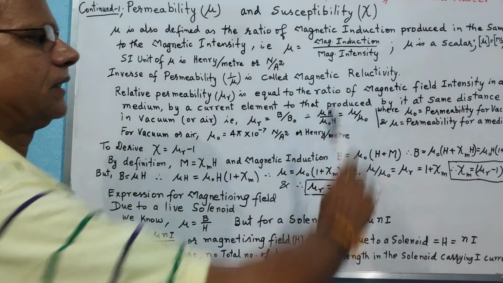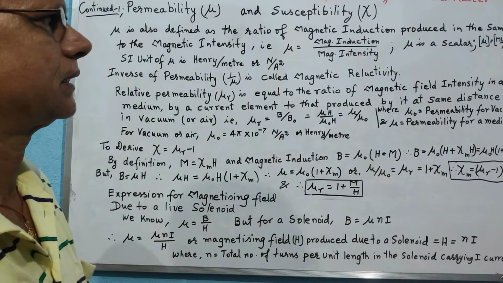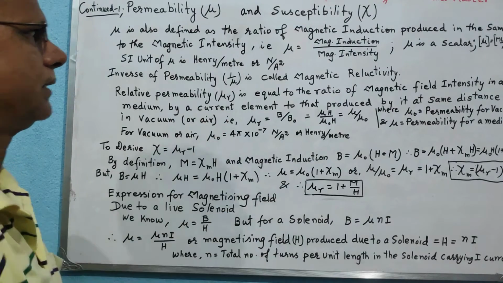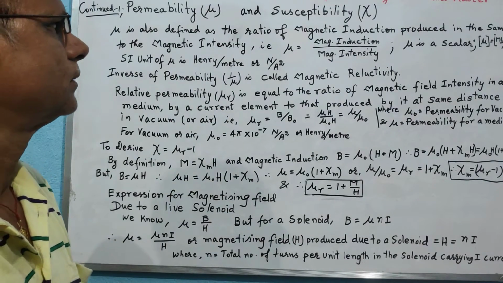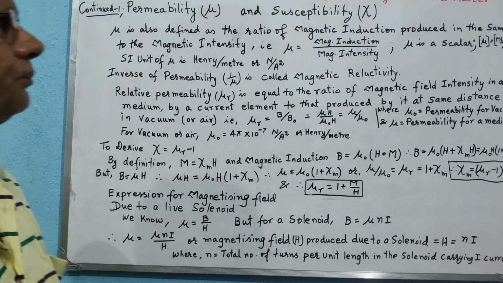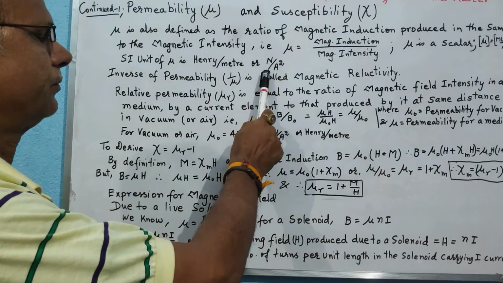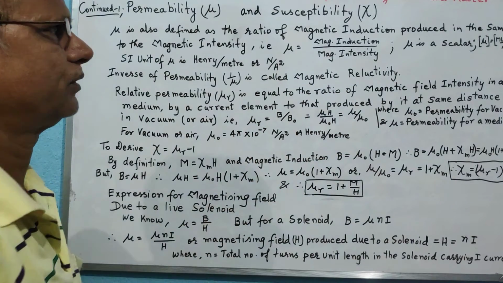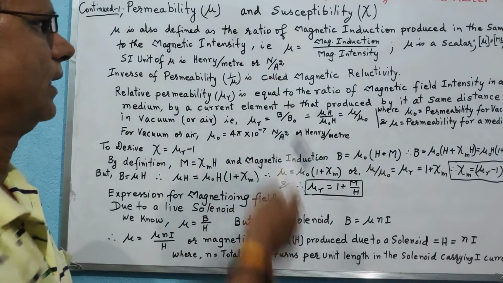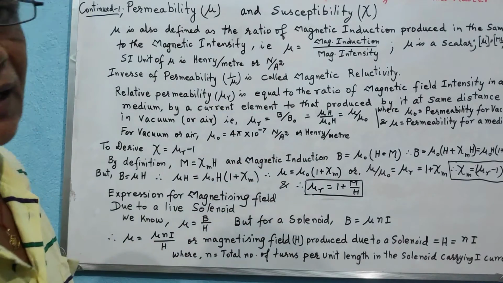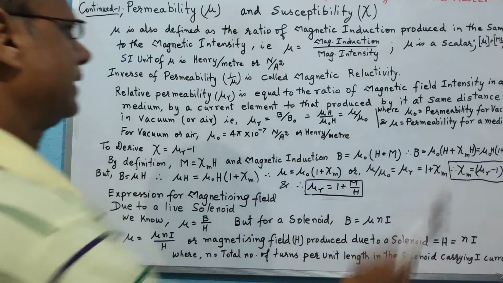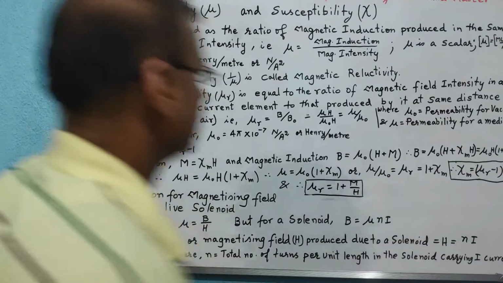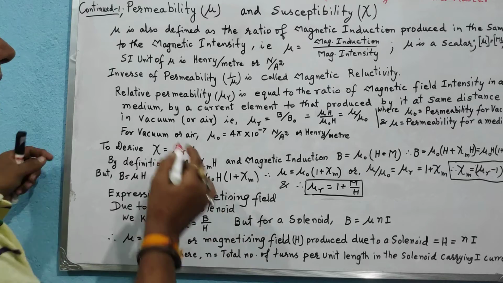Now mu is a scalar quantity, and its SI unit is Henry per meter or Newton per ampere square. So from this we can get the dimension: for Newton, that is force, we have MLT^-2, divided by the square of the ampere. The inverse of permeability is known as reluctivity.